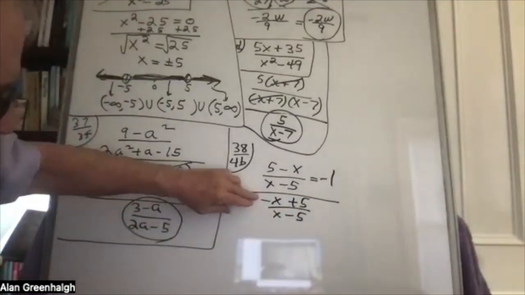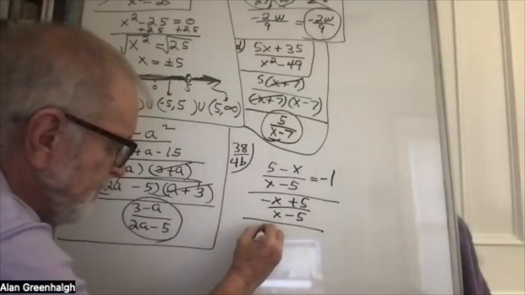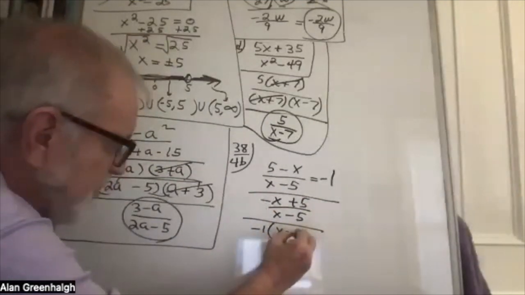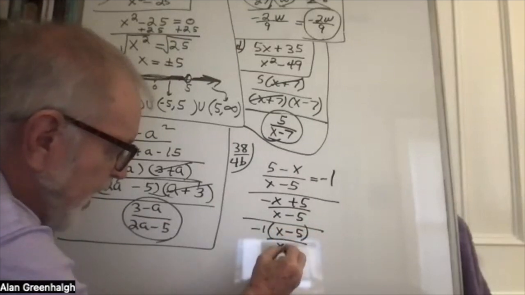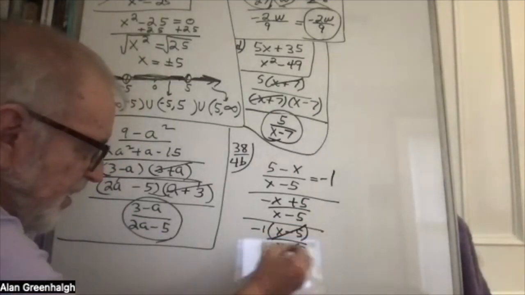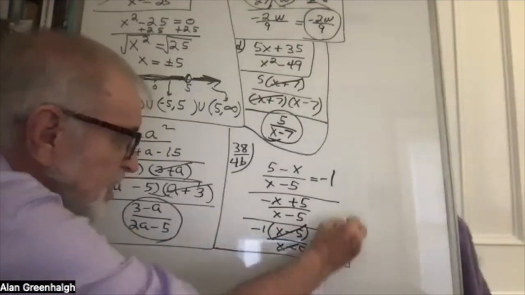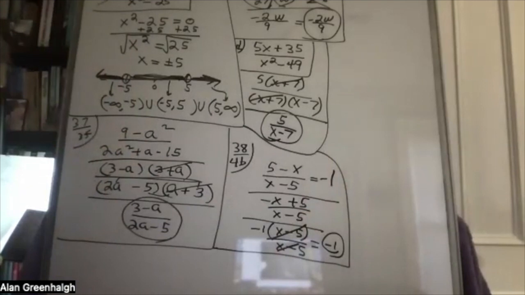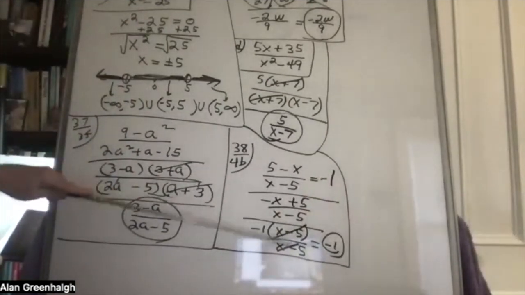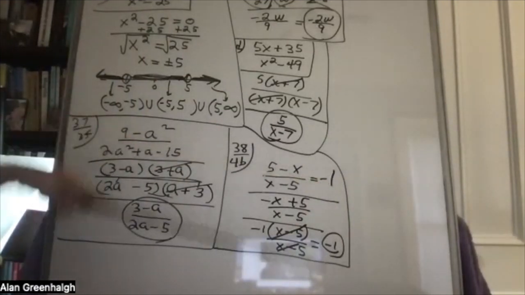And if you factor out a -1 in the numerator, you get x minus 5 over x minus 5. And then just cancel this out, and the answer is -1. That's the reason why a problem like this will always be equal to -1.